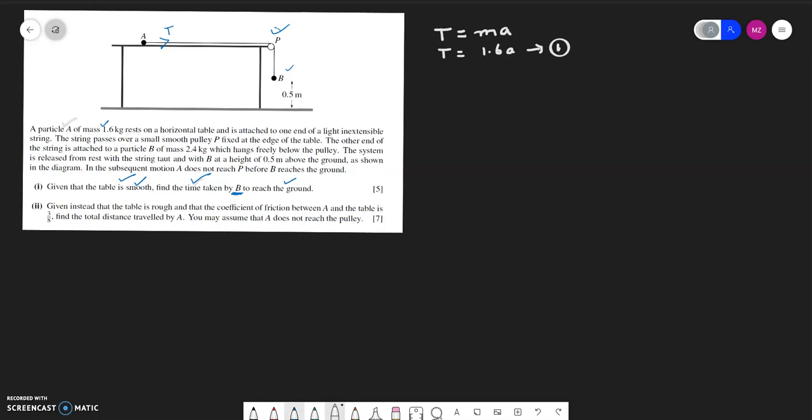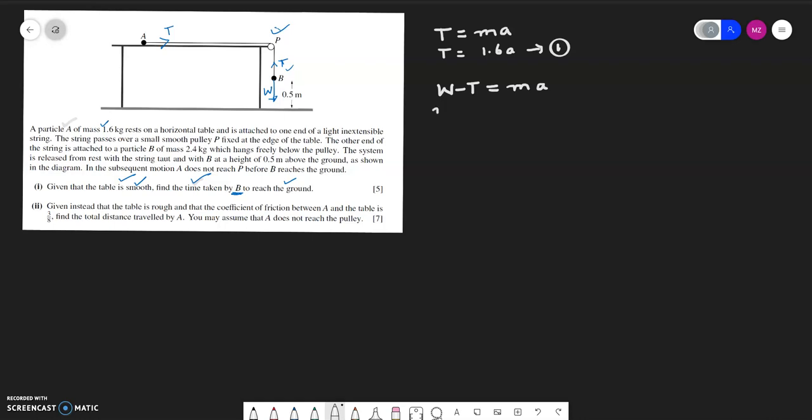Now we need to look at the particle B. As far as the particle B is concerned, it is acted upon by two forces. One force is T, the tension in the string, acting upward, and the other force is acting downward, that is its weight. Now what is the net force acting on the particle B? The net force will be W minus T. The motion is in the downward direction, and according to Newton's second law of motion, that would be equal to ma.